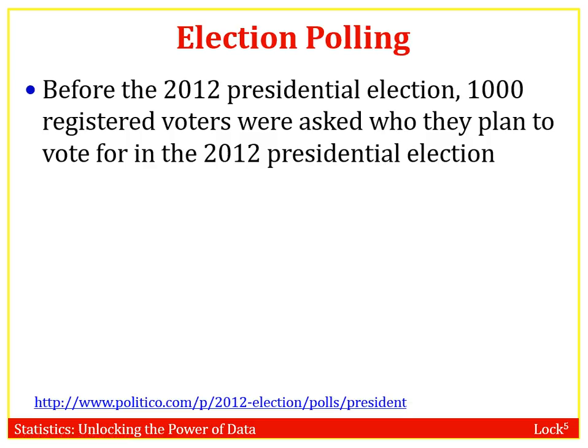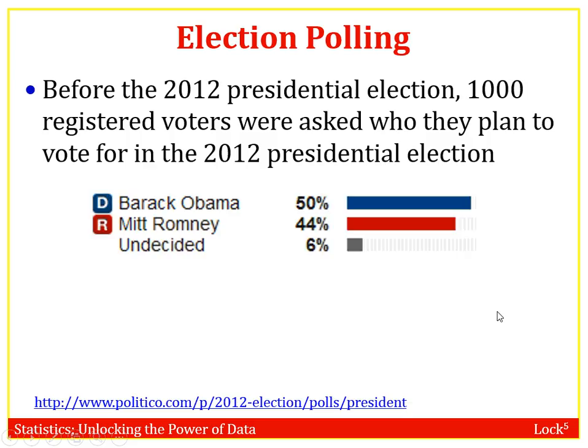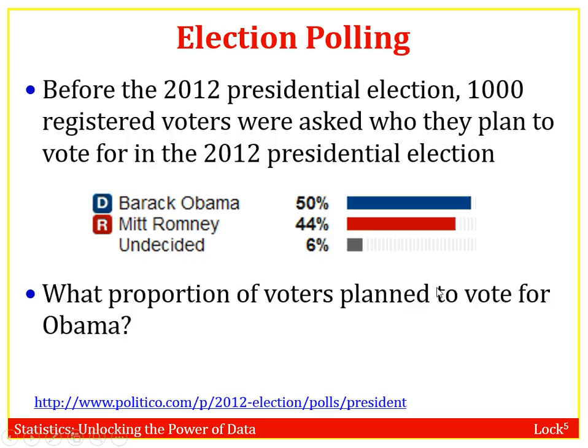Before the 2012 presidential election, 1,000 people were asked who they planned to vote for. And we had 50% for Barack Obama, 44% for Mitt Romney. So what proportion of voters plan to vote for Barack Obama? It would be a p hat of 50%.